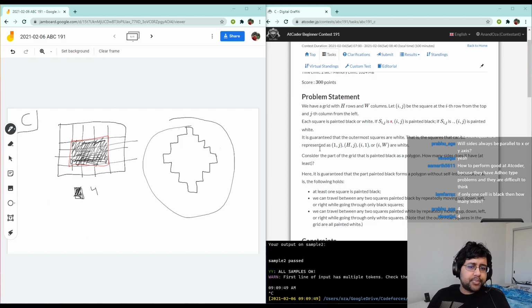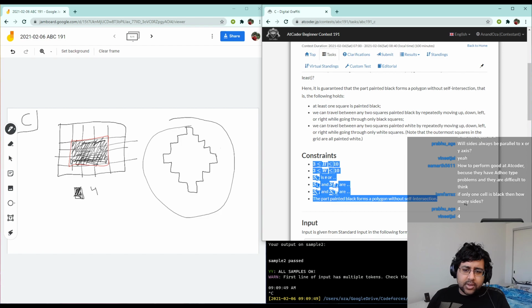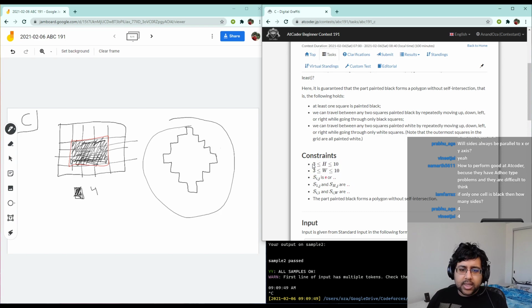But yeah, okay, cool. The implementation here might be a bit tricky, but in terms of complexity, we can do almost anything because they say here that height and width are only 10. So let's see, what's the cleanest way to do this?